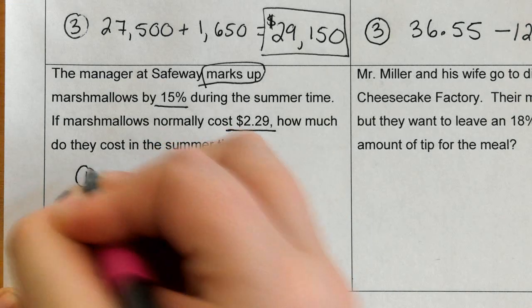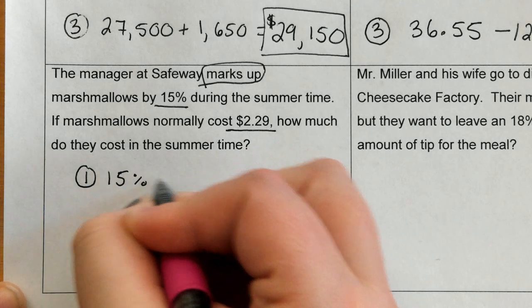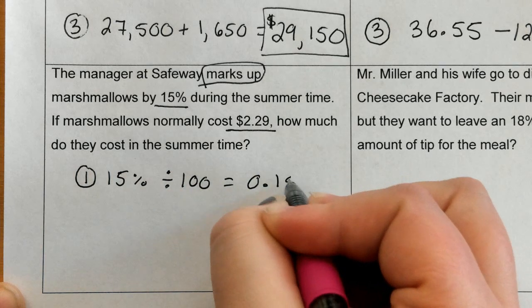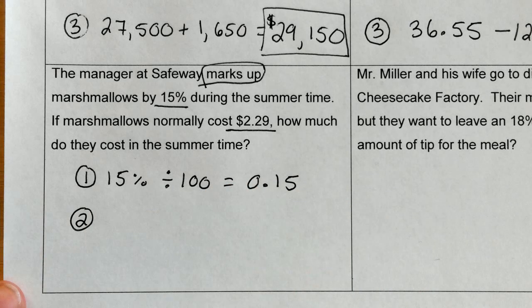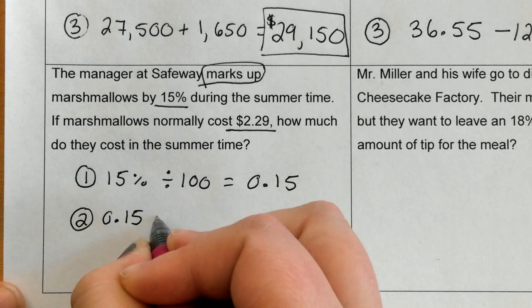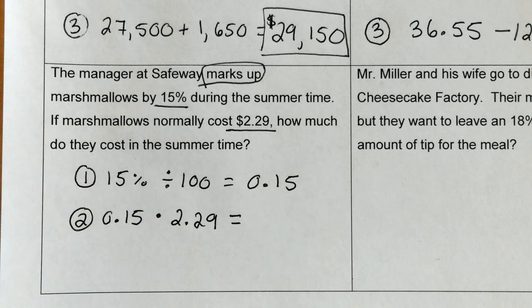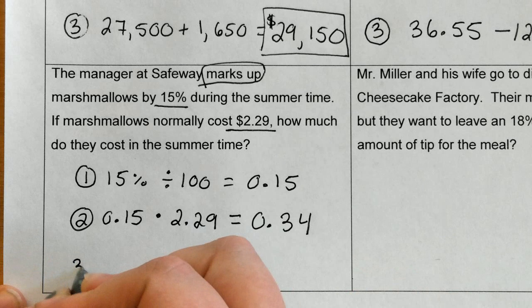So what's our first step? 15% divided by 100, 0.15. What's our second step? 0.15 times our cost, 2.29, is $0.34.